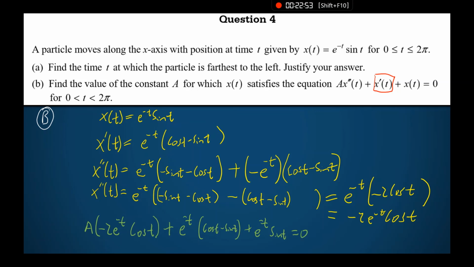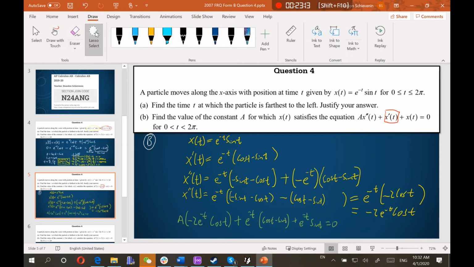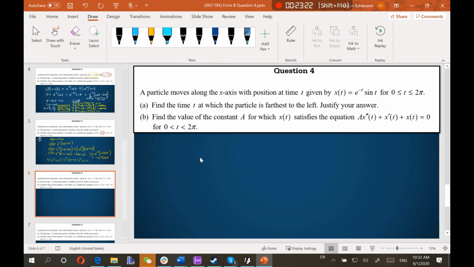Okay, and we'll need to solve for a. I'm going to keep this last line, and we'll keep going from there.